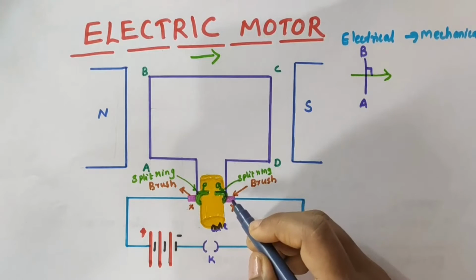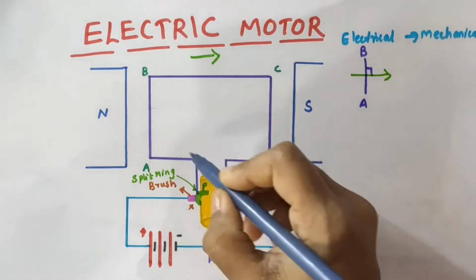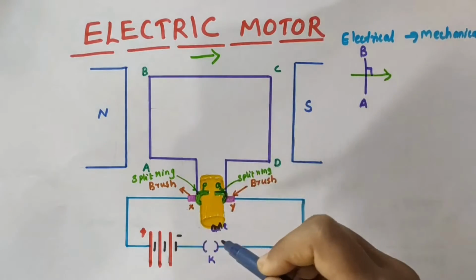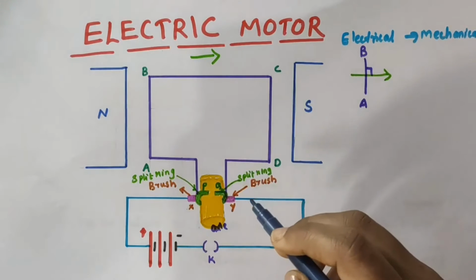This contact gives a connection to the external wire and hence conducts the continuous current to the moving parts.